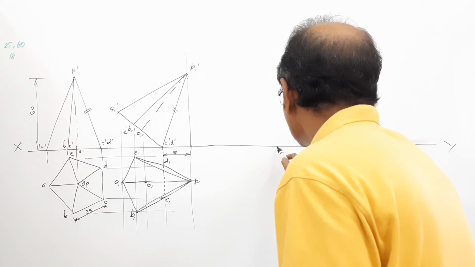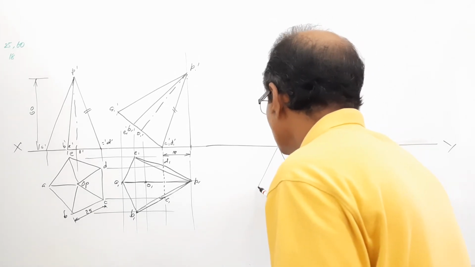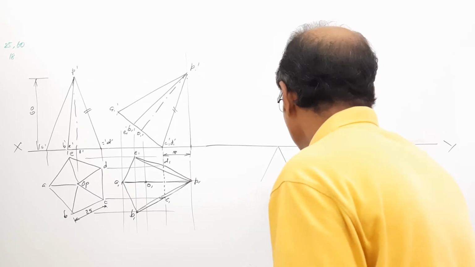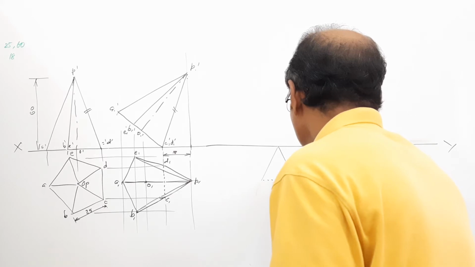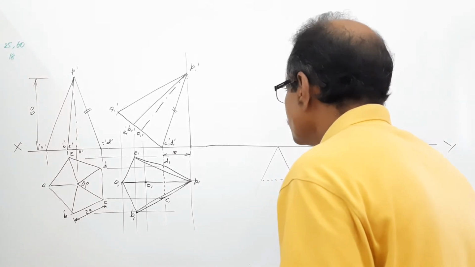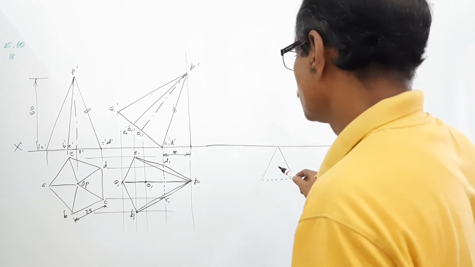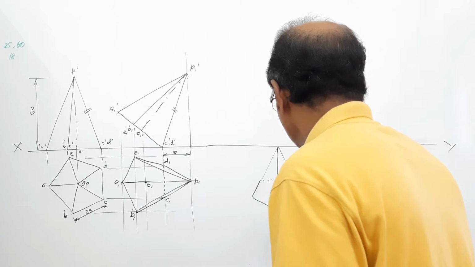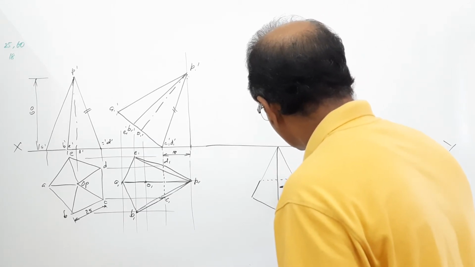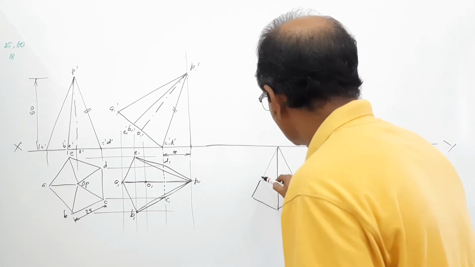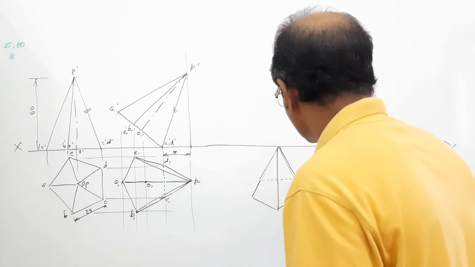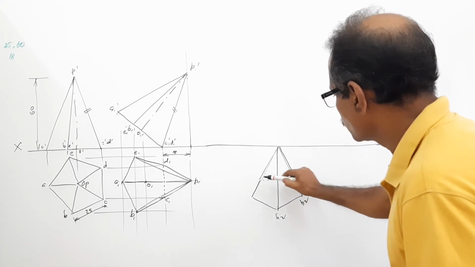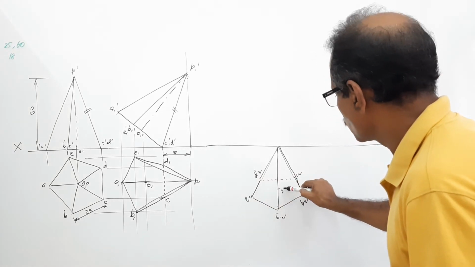You have redrawn the plan: A2, B2, C2, D2, E2, O2, P2.